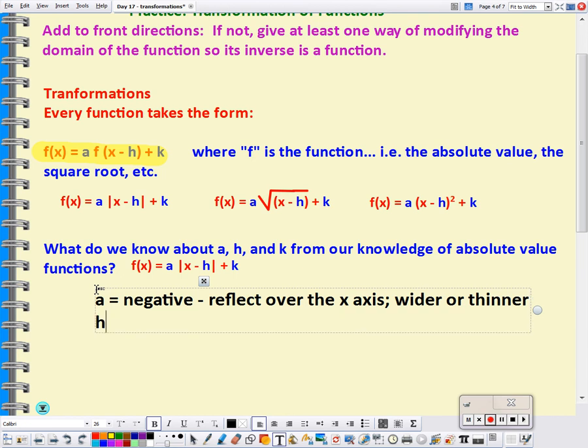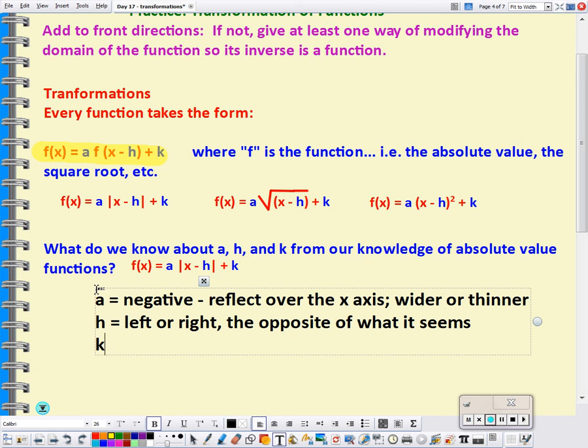We remember from absolute value functions that h shifts the graph left or right, the opposite of what it seems, because the negative is part of the formula. So if it's x minus 4, it's actually going to go to the right 4. If it's x plus 4, it's actually going to go to the left 4.